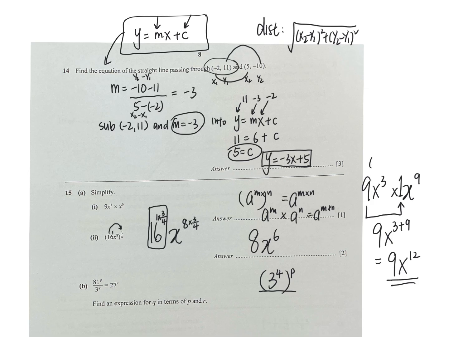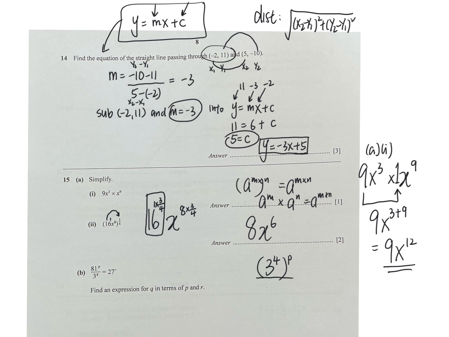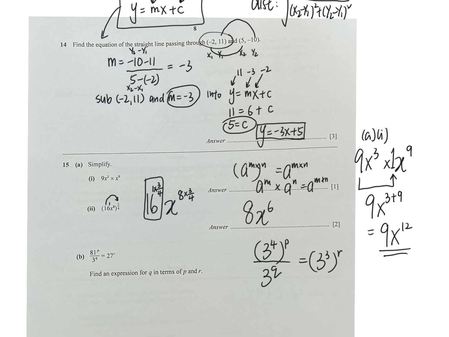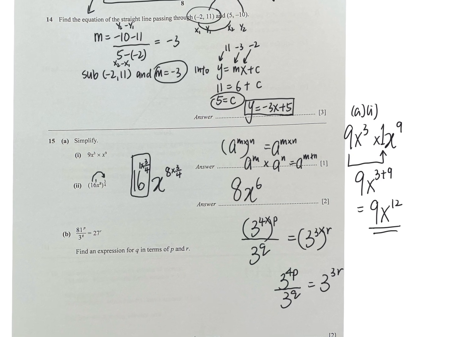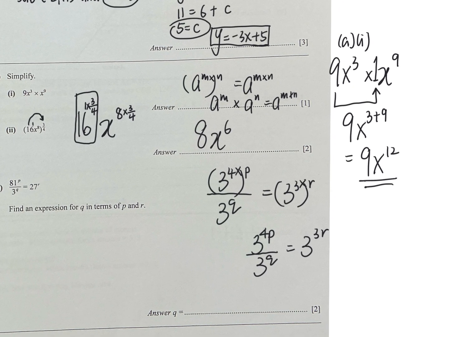Okay, so this one is A part 1. Okay, part B, 27 is 3 cubed. So this one means 3 to the power of 4p, 3 to the power of q, 3 to the power of 3r. So remember indices, when we divide, you subtract the power.